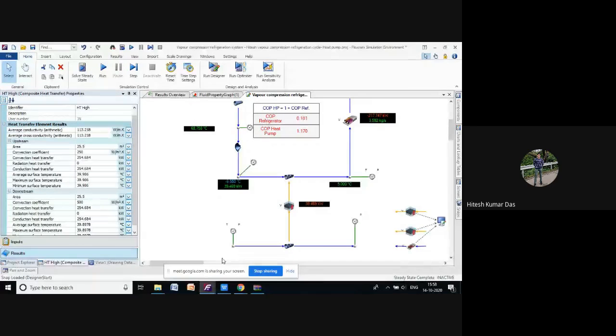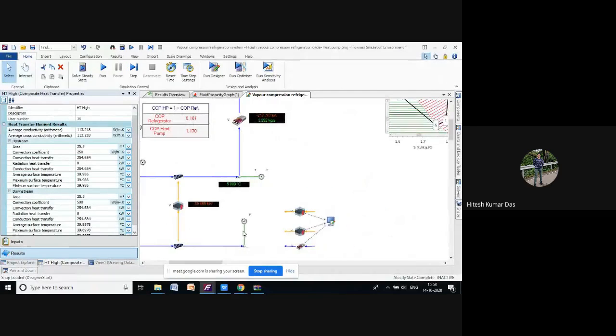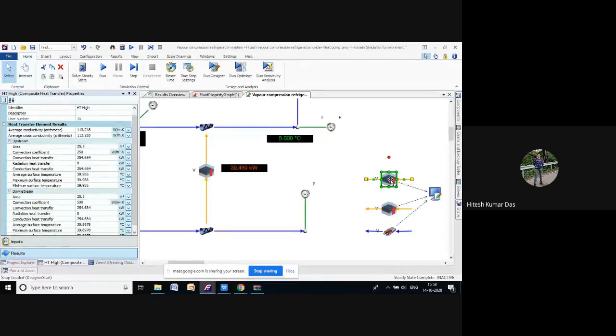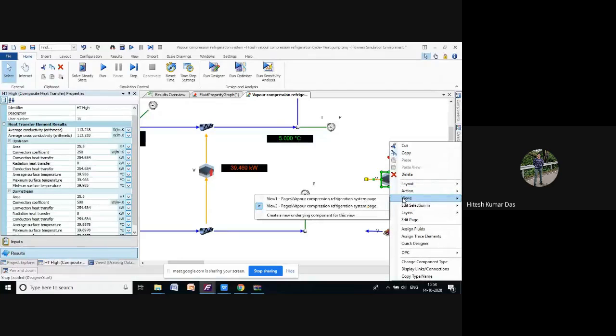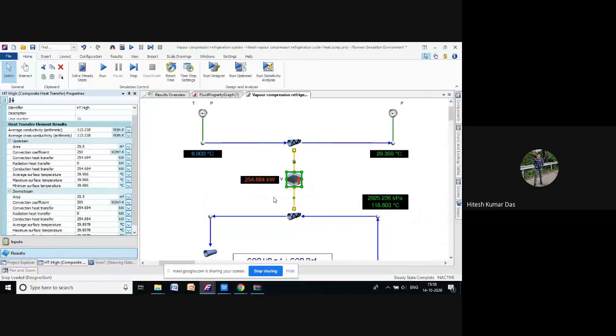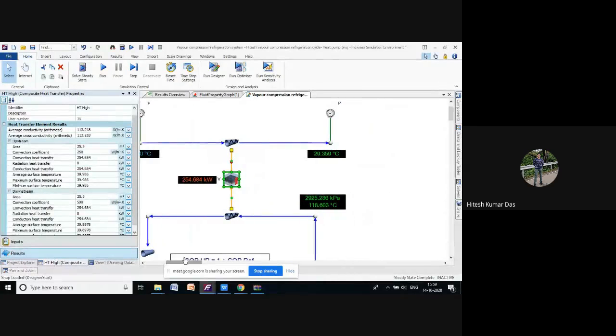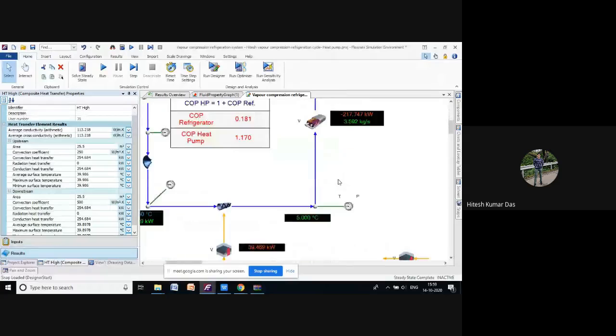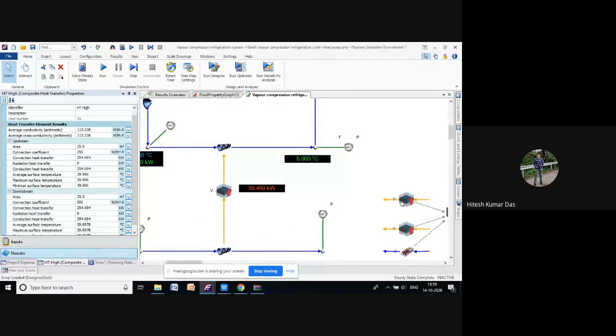For the vapor compression refrigeration system, we have calculated the COP of the refrigerator. This is the heat transfer. Here is the View option; if I zoom in, you can see it. If you right click on it and go for View, you can see from where it is taken. If you need to copy all the values of this heat transfer, you just need to click on View.